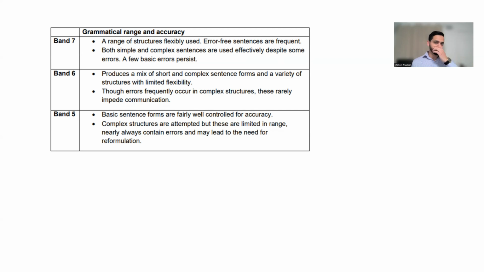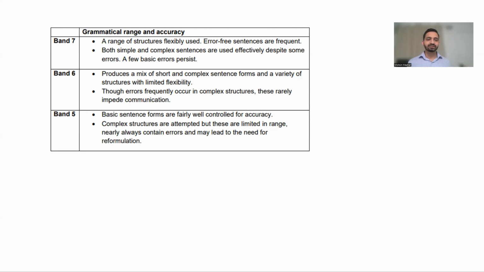If you are in band 6, you produce a mix of short and complex sentence forms and a variety of structures with limited flexibility. So you're trying to come up with complex sentences, but there's limited flexibility. Though errors frequently occur in complex sentences, these rarely impede communication. So people are still able to understand you. That means you can get about band 6 for grammatical range and accuracy.